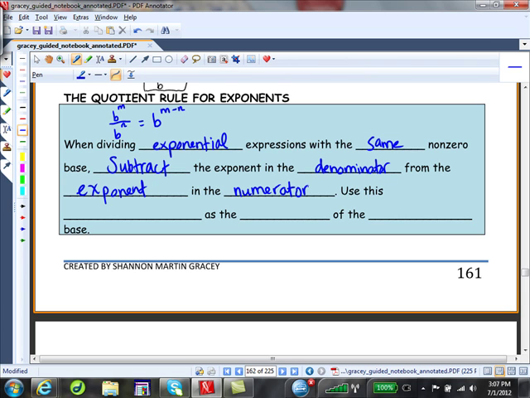Use this difference as the exponent of the common base.